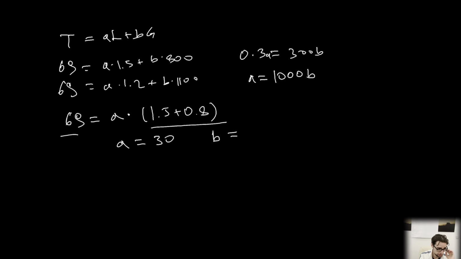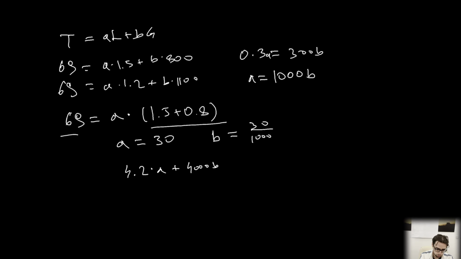A is 30. And then b is equal to 30 divided by 1000. And what we need to figure out is 4.2 times a plus, how long is this ascending, 4,000 times b.